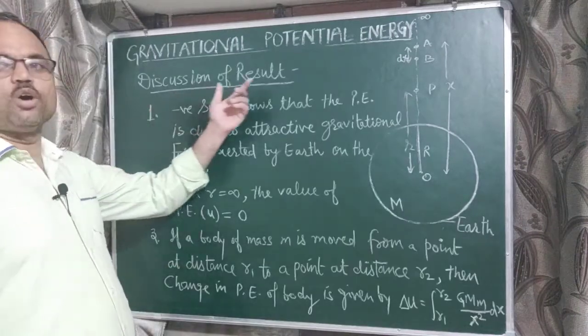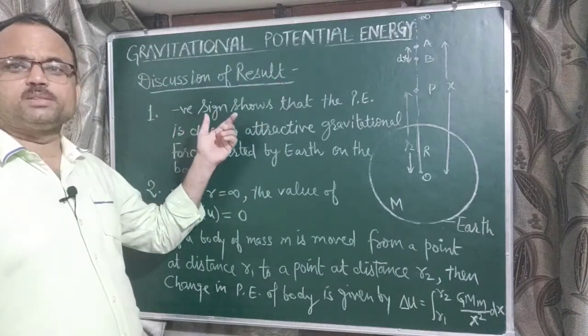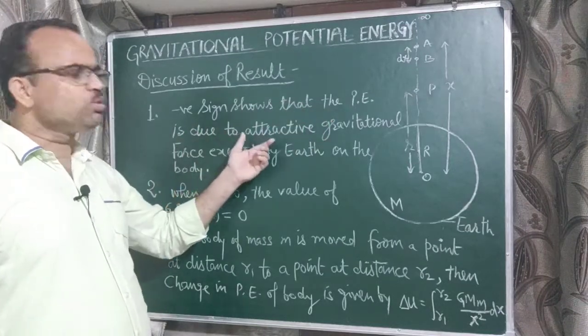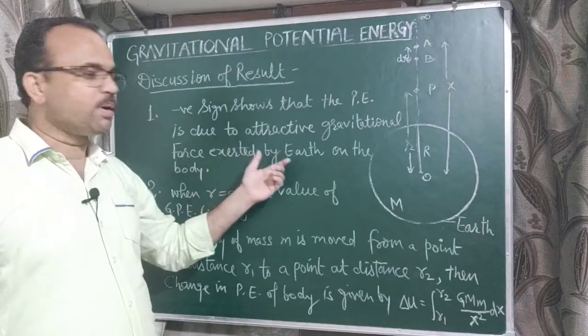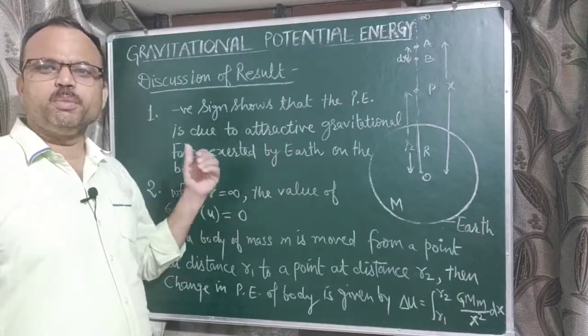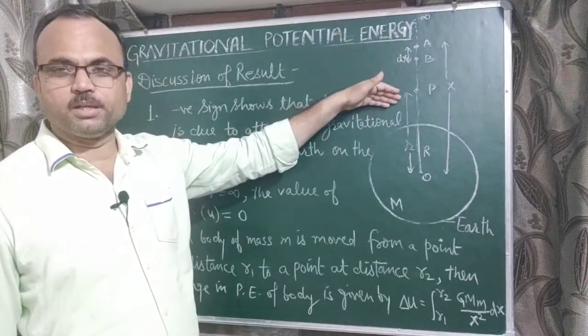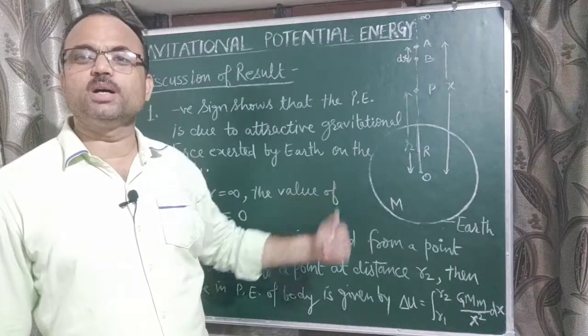Now discussion of the result. The first point: the negative sign of gravitational potential energy shows that the potential energy is due to the attractive gravitational force exerted by the Earth on the body. It means that to move the body from infinity to point P, work is performed by the gravitational field of the Earth.